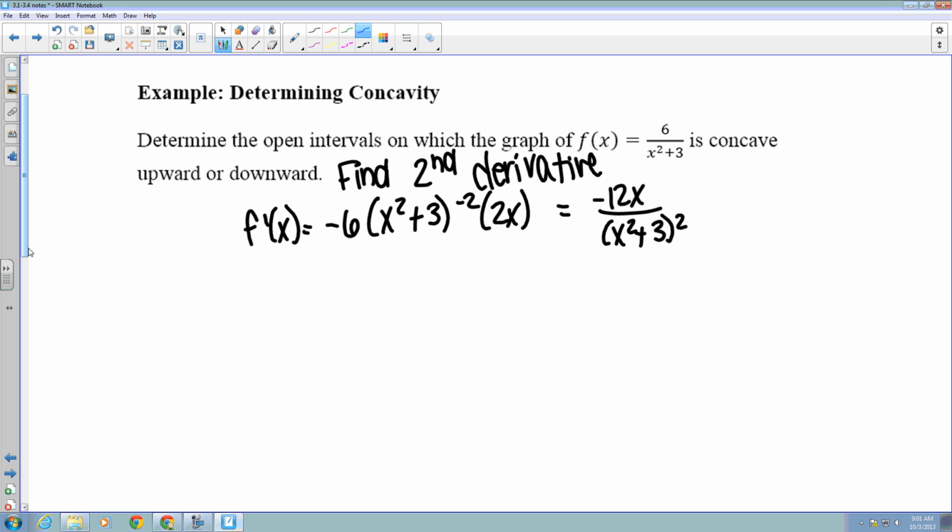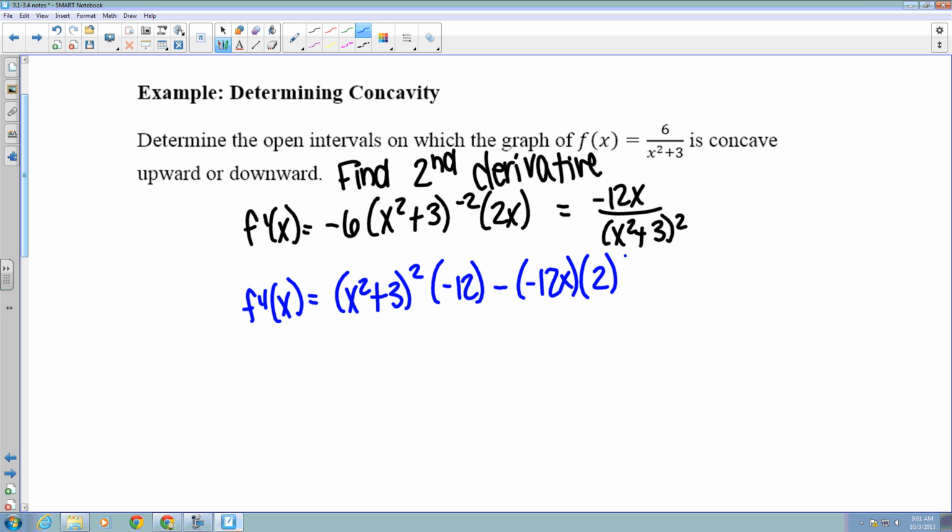Take the derivative again. (x squared plus 3) squared times -12 minus f times g prime, which is the chain rule, all over g squared.